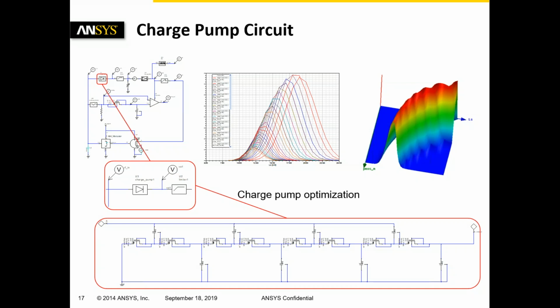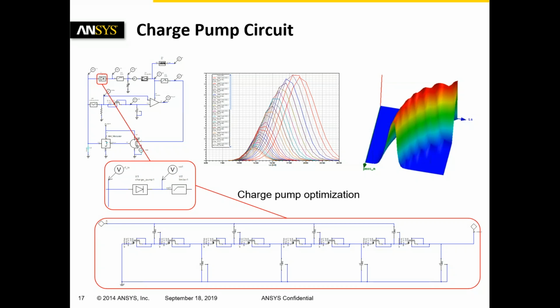Because the input impedance varies with the transistor size and number of charge pump stages, it is also necessary to vary or sweep the RF source impedance so that complex conjugate matching is achieved for all design variations.